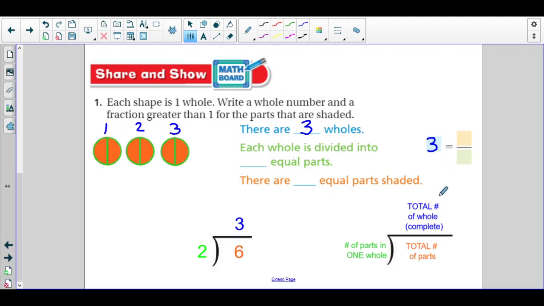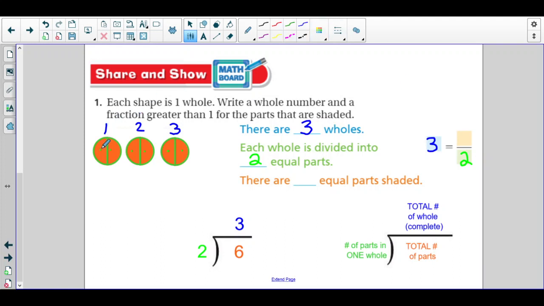And that goes right there. Each whole is divided into blank equal parts. Well, we got 1, 2, 1, 2, 1, 2. So each of them are divided into 2 equal parts.